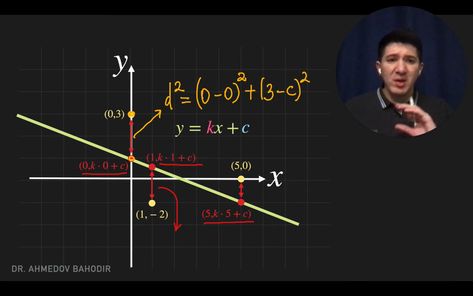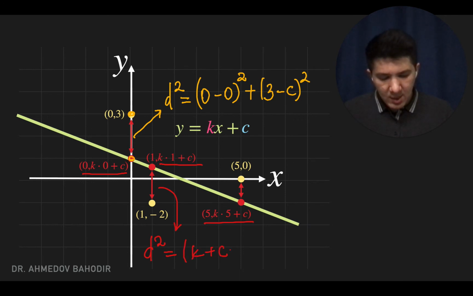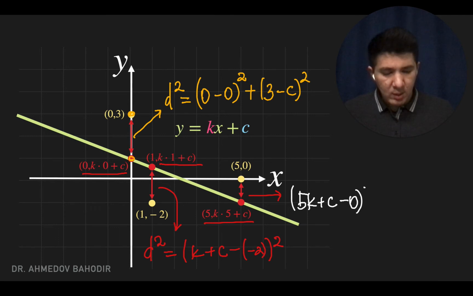For the second one, I'm not going to take the difference of the x coordinates because it is already clear that it's going to be equal to 0, because they are lying along the same vertical line, right? So here it's going to be equal to (k plus c minus 2) squared. And the third distance here is going to be simply (5k plus c minus 0) squared.